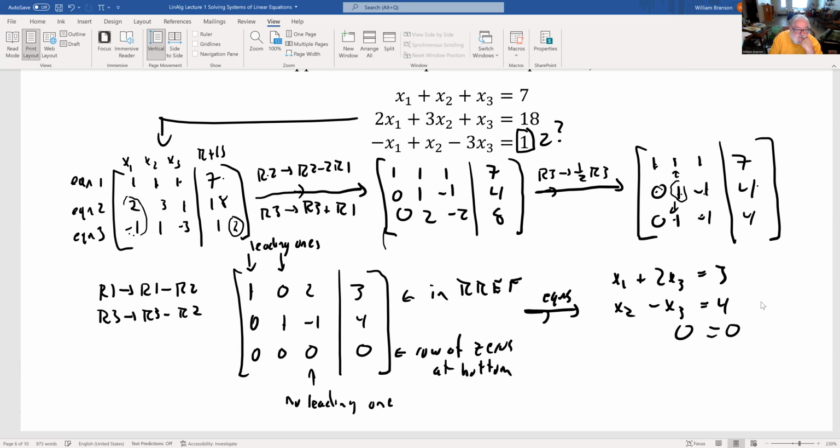And row 3 became row 3 plus row 1, which would make this a 9 instead of an 8. And then row 3 became half row 3, which would make this 4.5 instead of a 4. And then row 3 becomes row 3 minus row 2. And 4.5 minus 4 makes this 1/2 at the bottom. And that would give me here, instead of 0 equals 0, 0 equals 1/2.